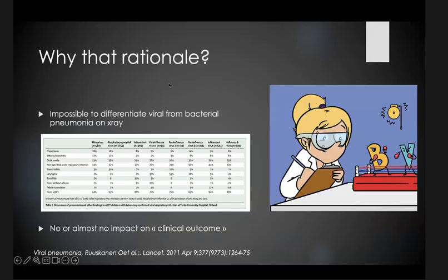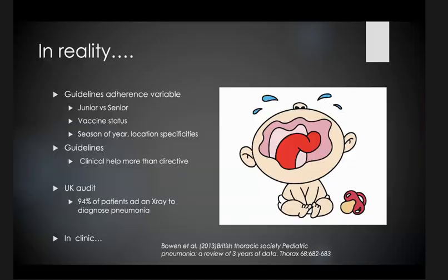So what's the rationale? They say that it's impossible to differentiate bacterial from viral pneumonia on an x-ray, which is true. And usually there is no clinical impact on the outcome if you do or you don't do the x-ray. But in reality, guideline adherence is variable.